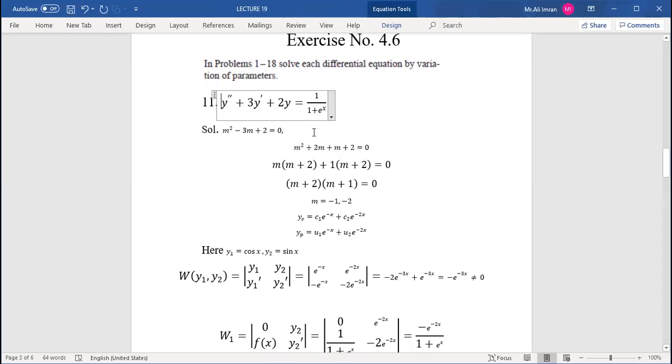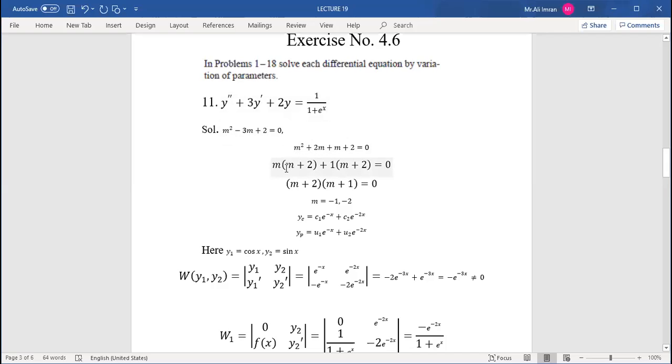That is question number 11. Question number 11 is y double prime plus 3y prime plus 2y is equal to 1 divided by 1 plus e power x. The auxiliary equation corresponding to the homogeneous part is m square plus 3m plus 2 is equal to 0. If we solve this equation by splitting the middle term, m square plus 2m plus m plus 2 is equal to 0.